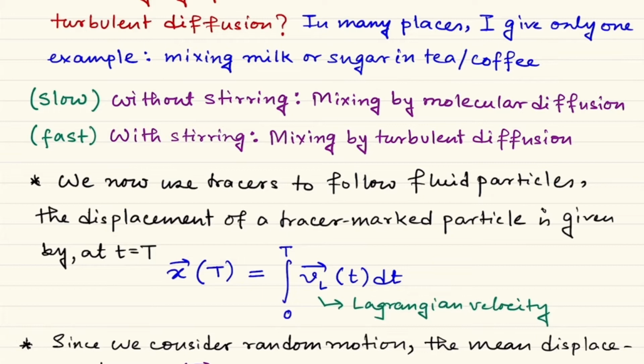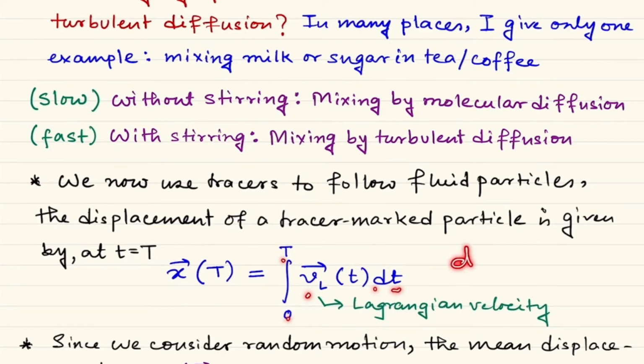A disordered process. Now if we do that, then the displacement of a tracer marked particle is given by the following. If you start your watch at t equal to 0, and stop your watch at small t equal to capital T, then the displacement vector at t equal to capital T, x(T), will simply be equal to the integral from 0 to T of the Lagrangian velocity of the fluid particle, V_L, dt.